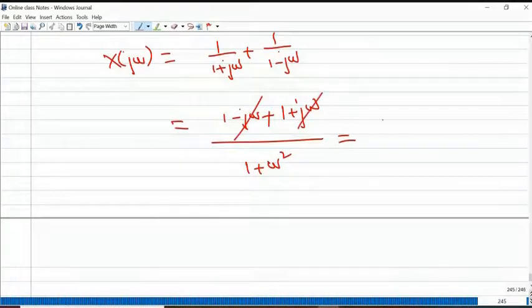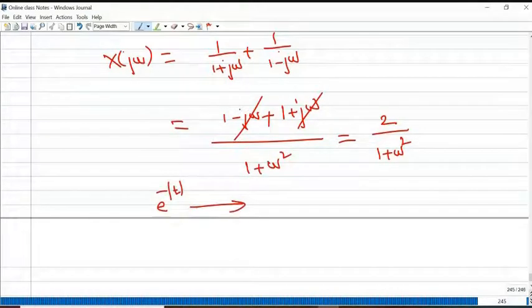So the result is 2 divided by 1 plus omega square. So for e power minus modulus t, the Fourier transform result is 2 divided by 1 plus omega square.